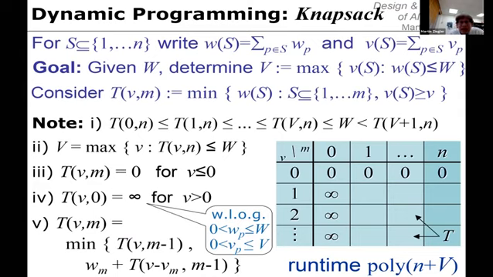So n times v is less or equal to the square, so therefore it's less or equal to polynomial in n plus v, and conversely, n plus v is less or equal to n times v. So if you say polynomial in n plus v or polynomial in n times v, that's basically the same thing.